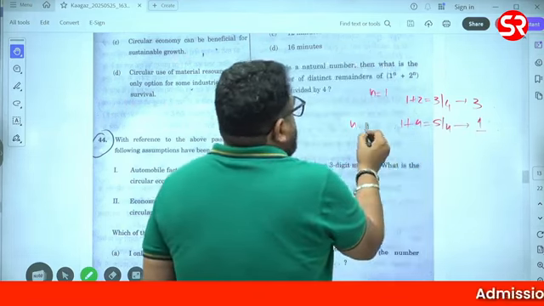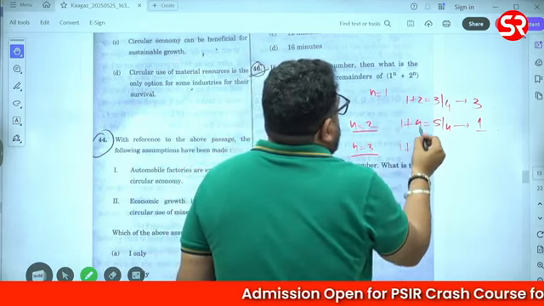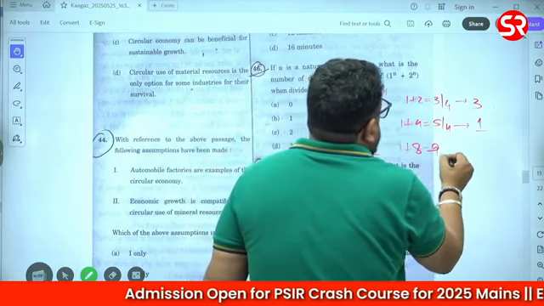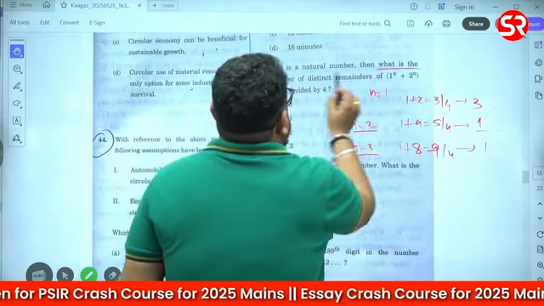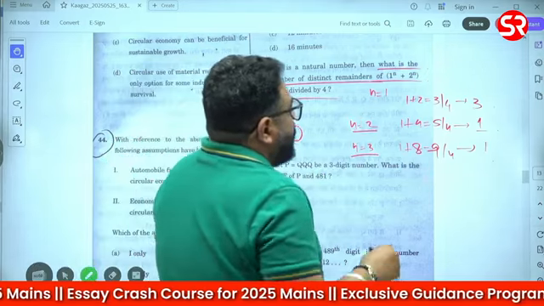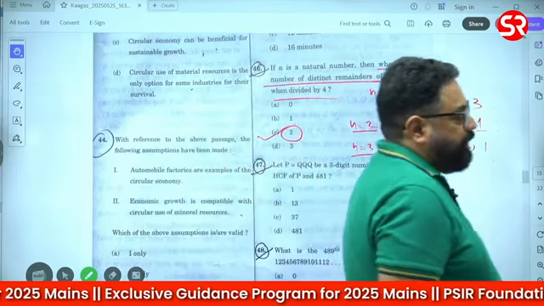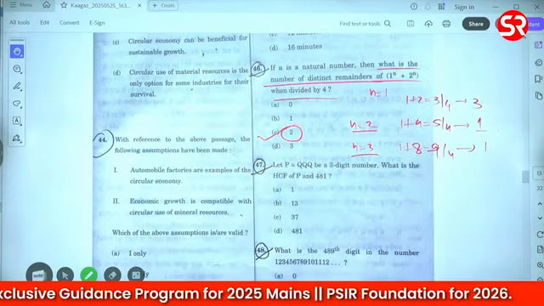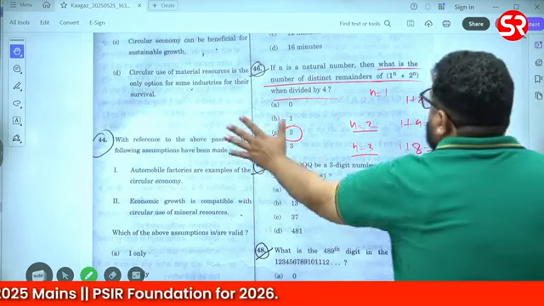If you take n equal to 3, so it is 1 to the power 3 plus 2 to the power 3, which is 9, divided by 4, remainder 1. So you realize the number of distinct remainders when divided by 4? There are two distinct. We get 3, and otherwise we keep on getting 1. So that is how you get it. I think you should have done this question, guys.